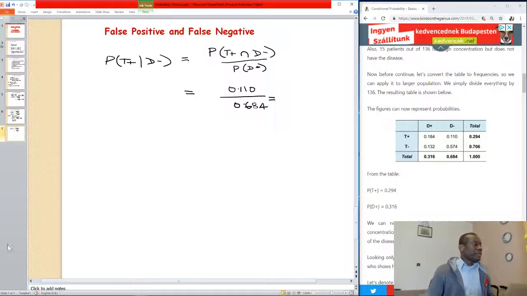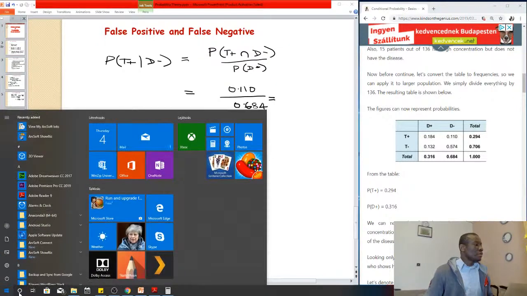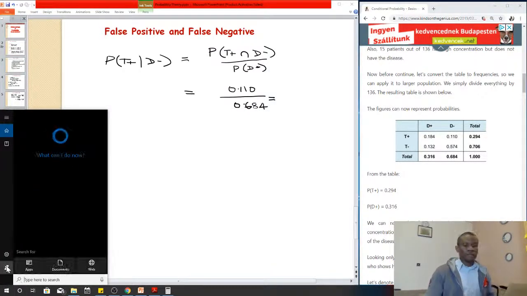So I need to take a calculator to solve this.